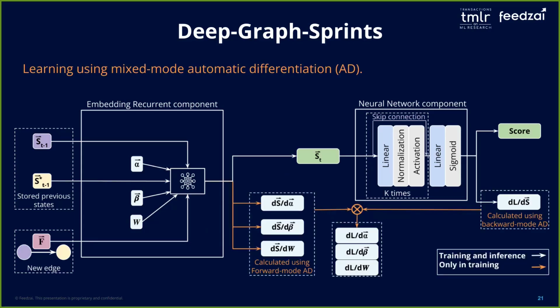About the learning process, due to the characteristics of our Deep Graph Sprints method, namely that every entry in the forgetting coefficients corresponds to a single embedded feature, and due to the employment of several softmax functions, the computational complexity to calculate the Jacobians is reduced. This enables forward mode automatic differentiation for the recurrent component, and therefore being able to capture long-term dependencies.